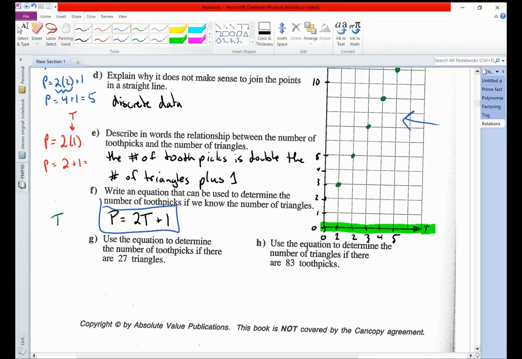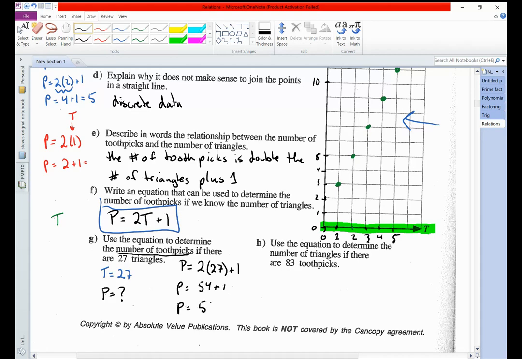That means T is going to equal 27, and we're trying to determine the number of toothpicks, so we're looking for P. If we know T and we're looking for P, all we have to do is take the equation, because we know it works for every value, and plug in 27 where there's a T. And then we can solve that. 2 multiplied by 27 is 54, plus 1.